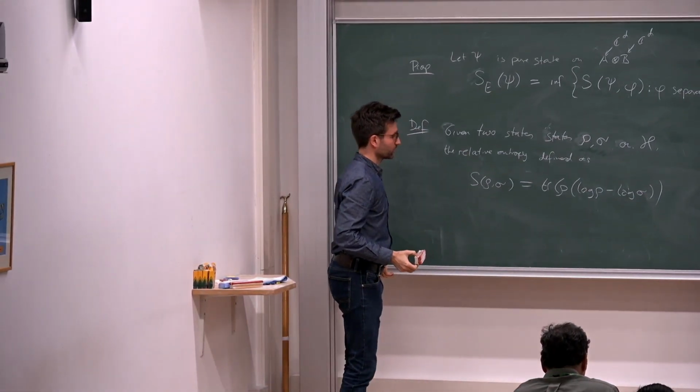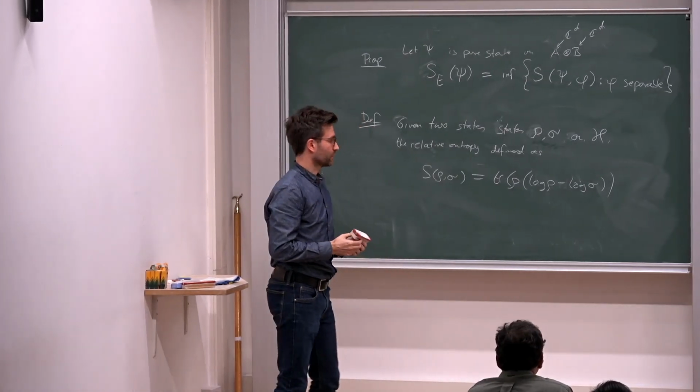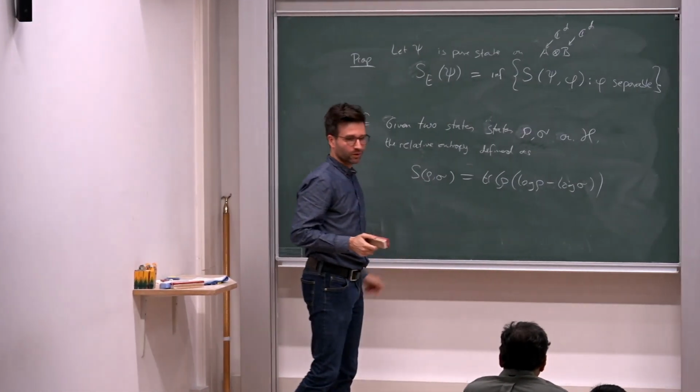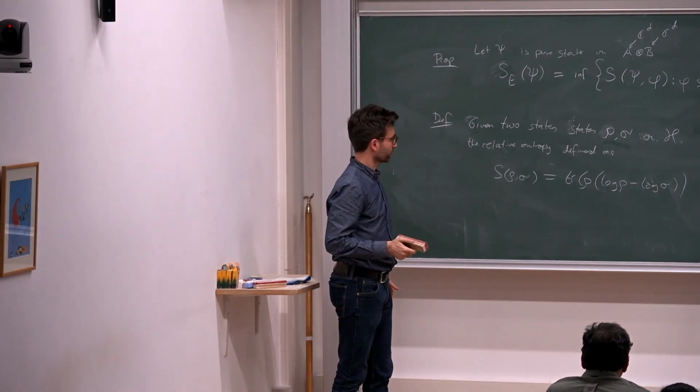Okay, so this is the relative entropy between rho and sigma.